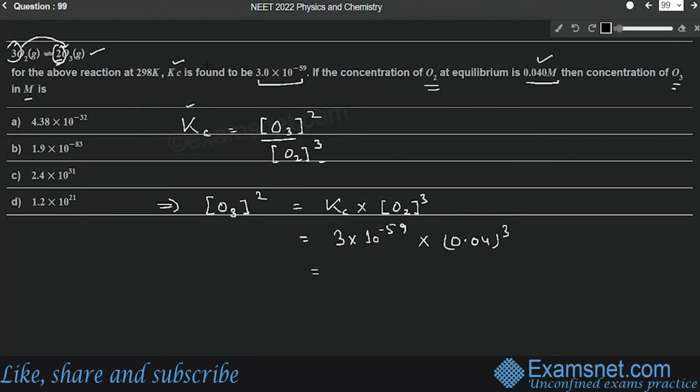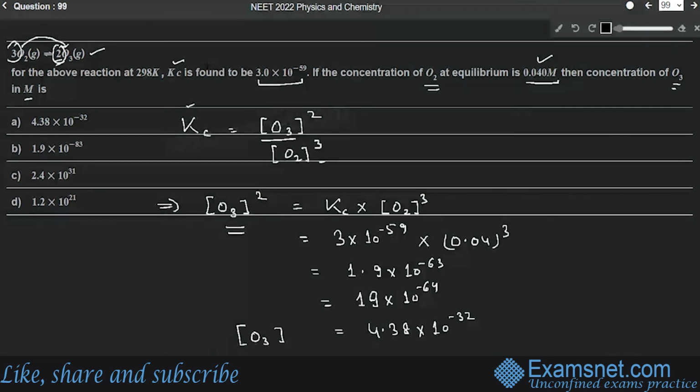If we solve it, we'll get 1.9 into 10 to the power minus 63, which is equal to 19 into 10 to the power minus 64. We can write it like this. Now this is the square of ozone concentration. So what will be the concentration of ozone? The square root of this will come out to be 4.38 into 10 to the power minus 32. So out of the given options, option A will be the correct answer.